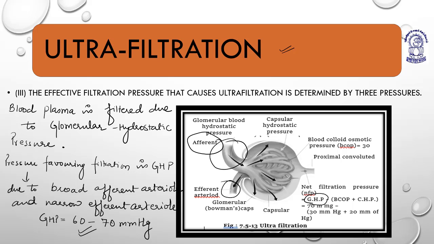Because of the narrow size, the blood undergoes stasis. This stasis will force the non-colloidal filtrate, that is the urea, glucose, everything, to leak out. So this is the glomerular hydrostatic pressure.